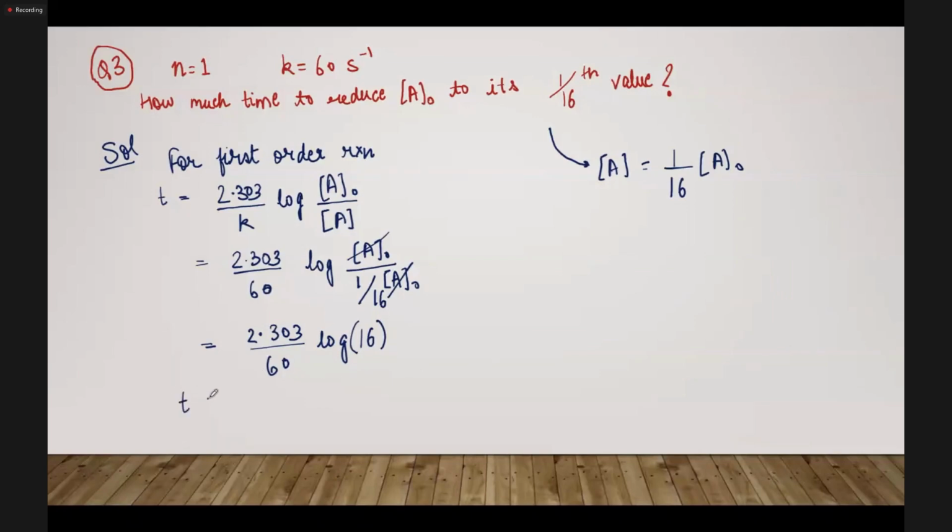On solving it, we will find out the time to be approximately 4.6 into 10 to the power minus 2 seconds. Okay. So this is the final value of time which was the question asked.